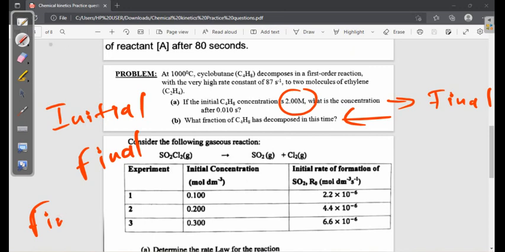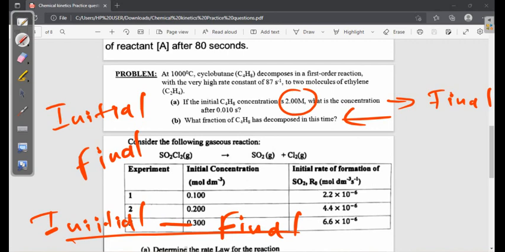It's just going to be the initial minus the final. The idea is you want the difference to be positive. So initial minus final, and then divided by what? Divided by the initial. It will give you the fraction. If I say the percentage, just multiply by 100. So the difference is giving you how much has decomposed, with respect to what was available initially.